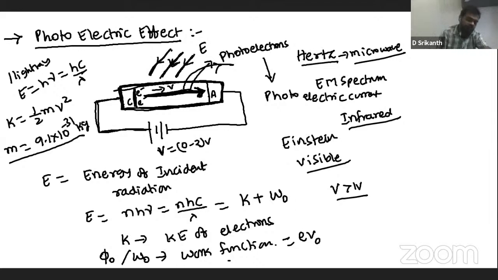In JEE Mains, BITSAT and MHT CET, every time they are asking one question, sometimes 2 questions. Even in JEE Advanced also, from this chapter they may ask 8 marks on photoelectric effect. It is the most important chapter for JEE Mains, Advanced, BITSAT and MHT CET. This topic is utmost important.